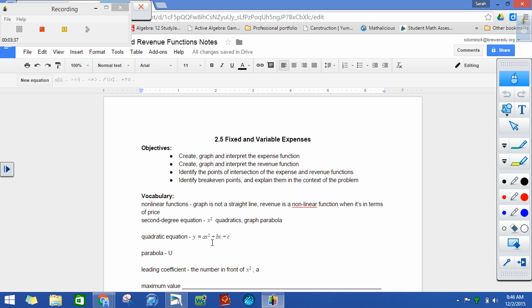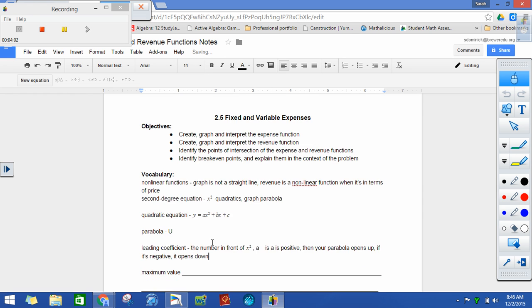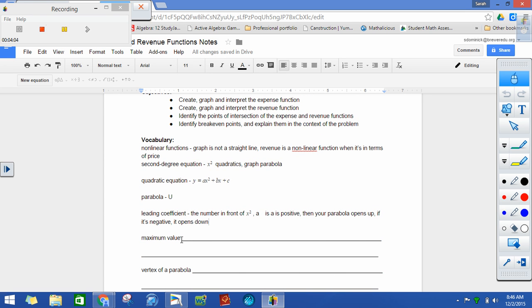Something you need to know about the a, if a is positive, then your parabola opens up. If it's negative, it opens down. I'll show you examples of that in just one second.